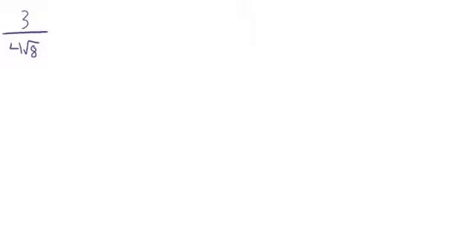Question 3 is a bit different, because now we have 3 over 4 root 8. But it's still very similar, because we still do 3 over 4 root 8 times, we don't times by 4 root 8, because that's just adding extra numbers. All you need to do is multiply by root 8 again.